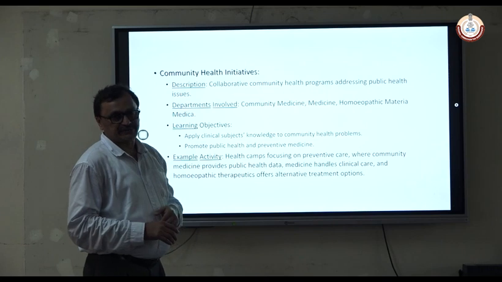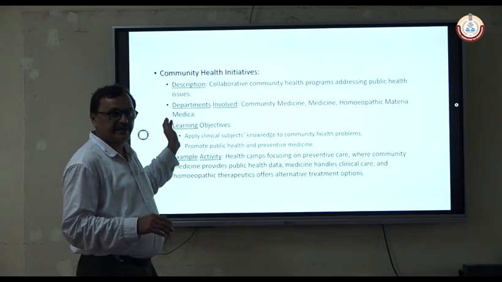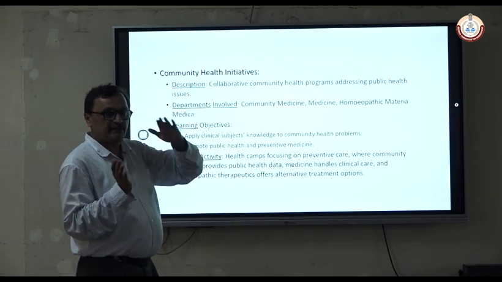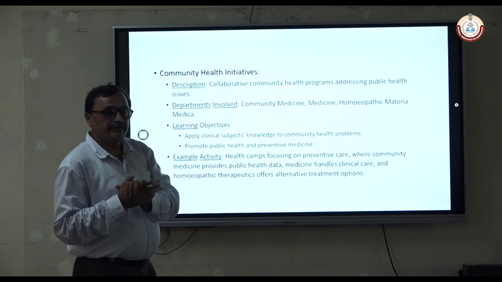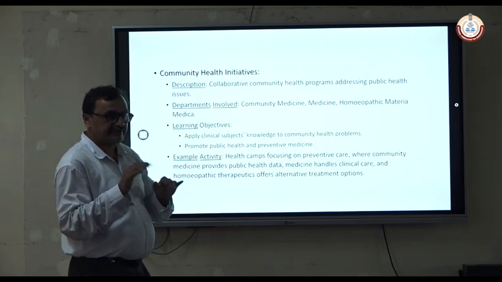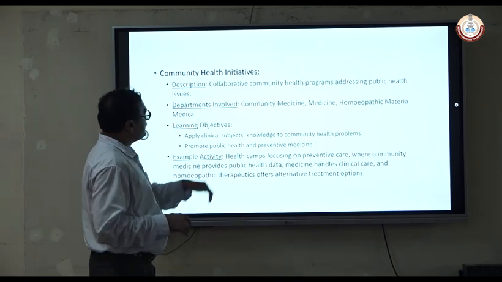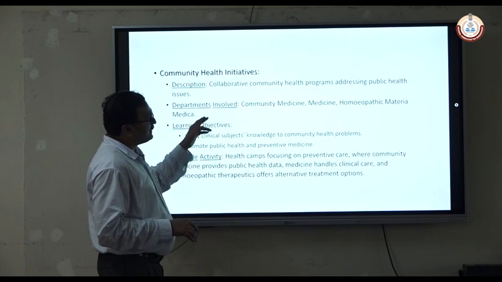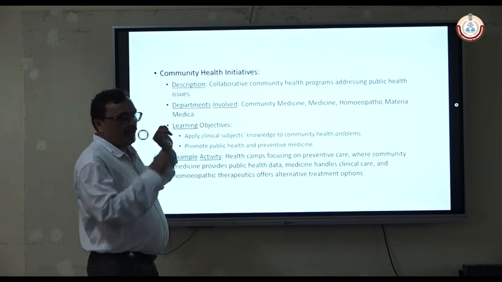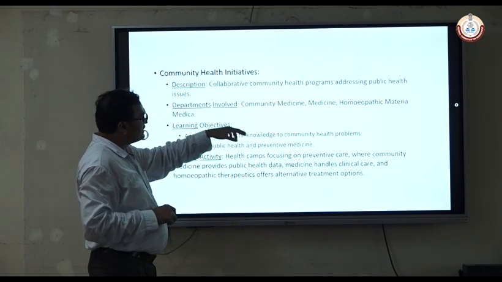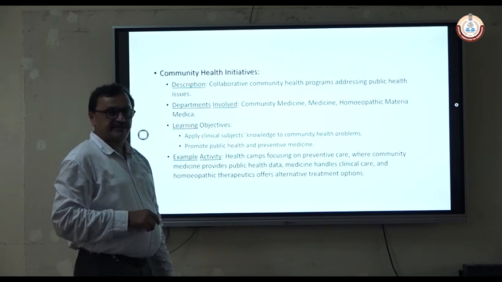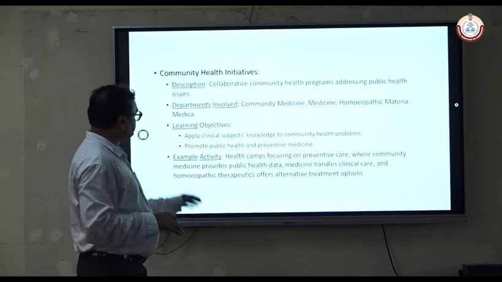Community health initiatives. Okay, a major part of this will be done by the PSC, preventive social medicine. The description: collaborative community health programs addressing working issues. Departments involved: community medicine, medicine and homeopathic veterinary.